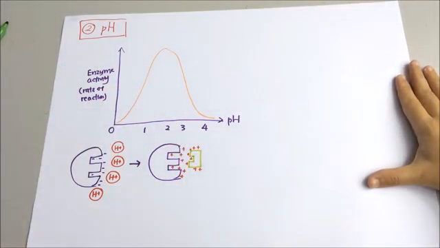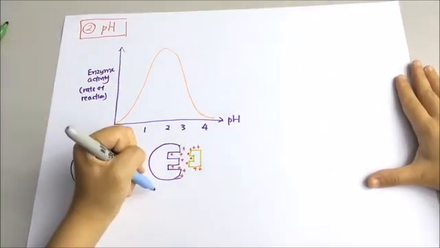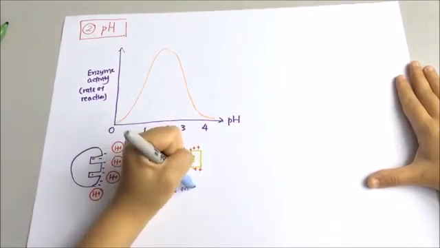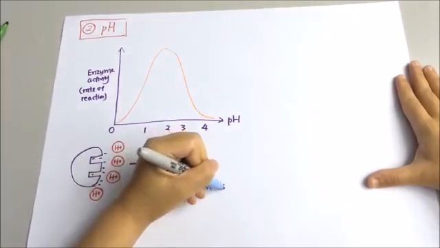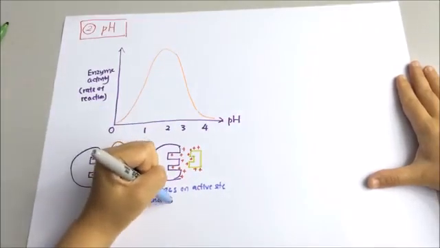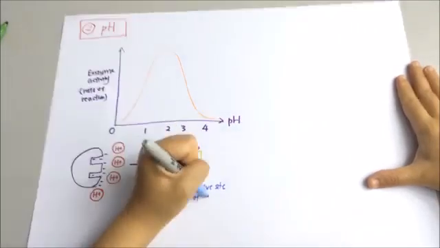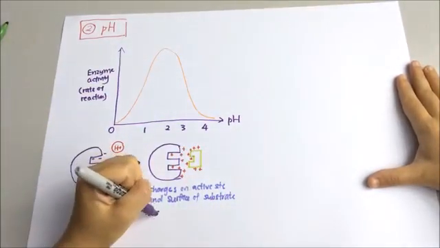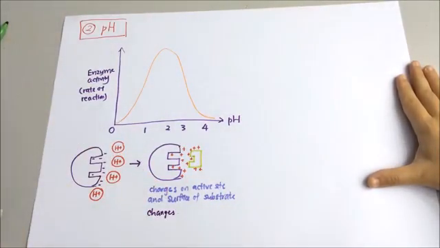And the surface of the substrate will be positively charged as well. So the enzyme and substrate cannot bind together because the same charge will repel each other. Therefore, the enzyme substrate complex cannot be formed.